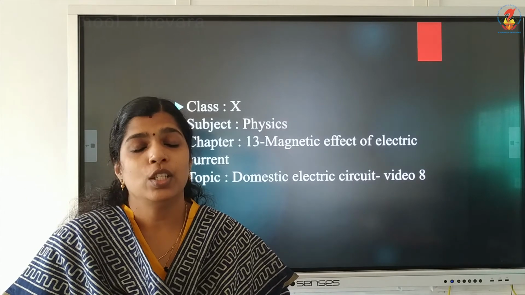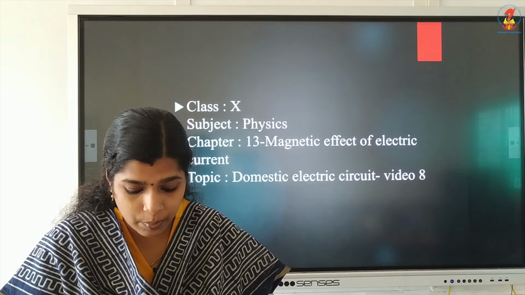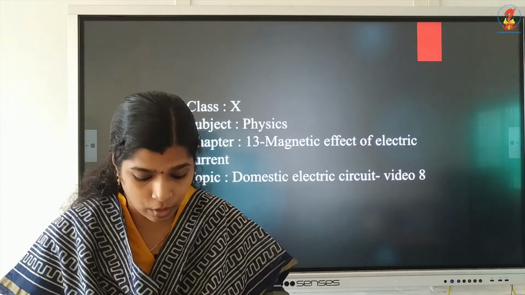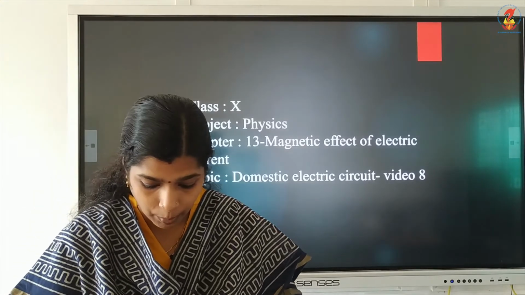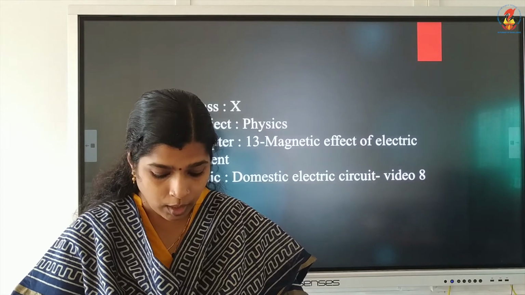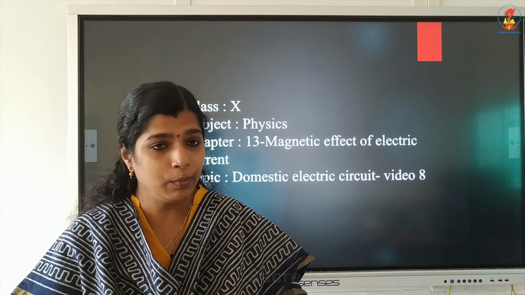So, they are connected to 15 ampere circuits. Two separate circuits are used. One is of 15 ampere current rating for appliances with higher power rating such as geysers, air coolers, etc. The other circuit is of 5 ampere current rating for bulb, fan, etc.